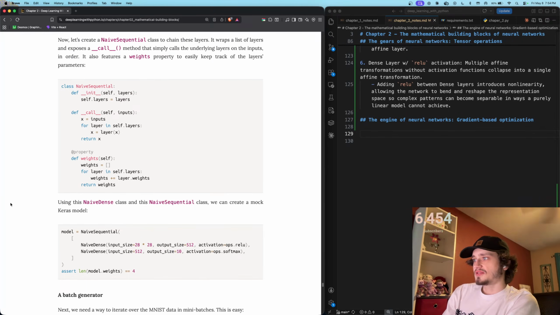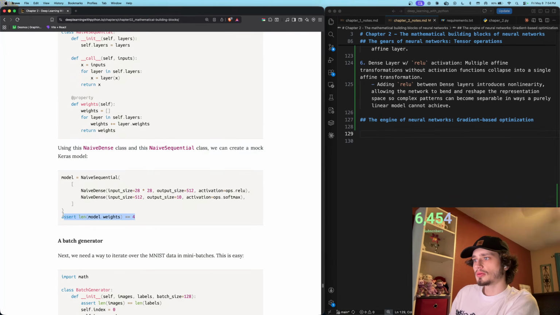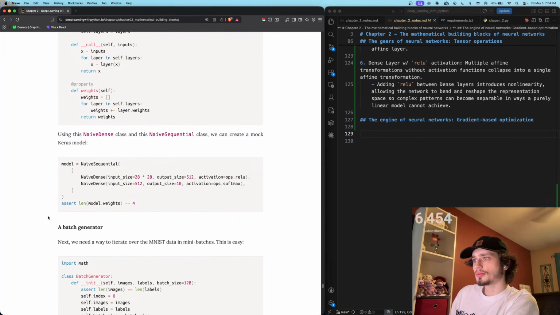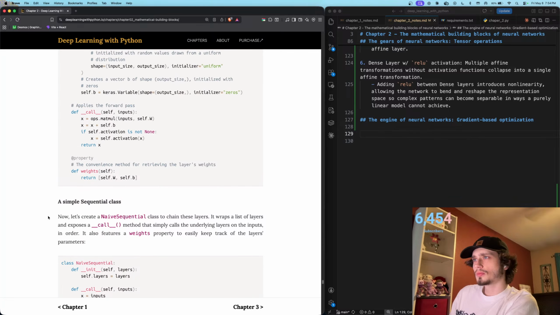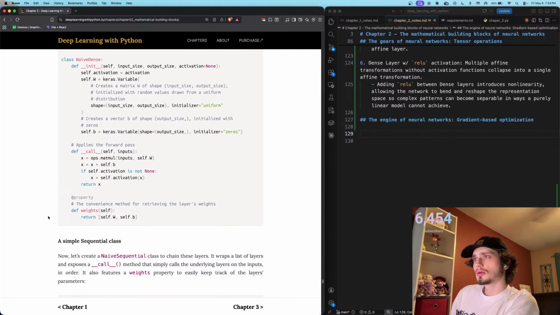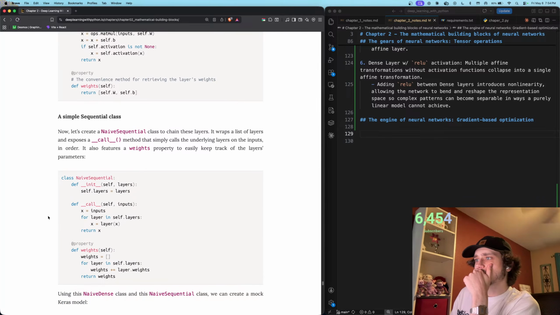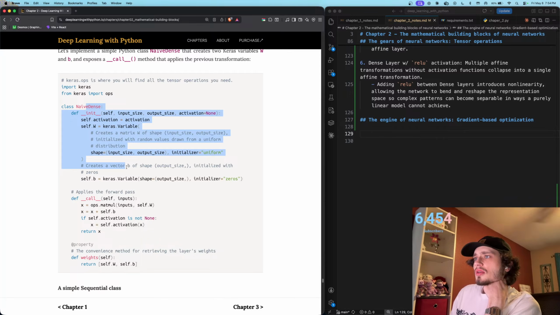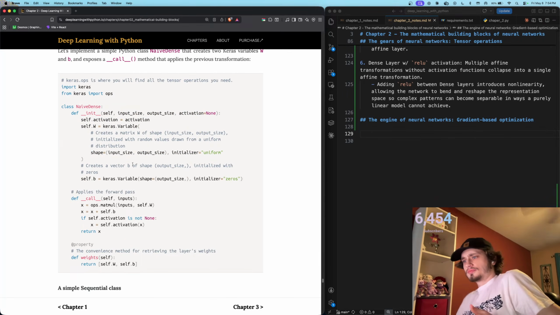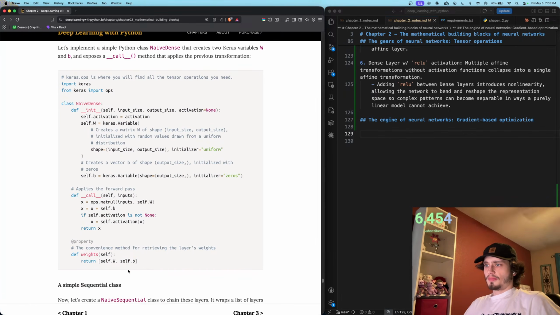Using this NaiveDense class and NaiveSequential class, we can create a mock Keras model. So model equals NaiveSequential, where we put in those two NaiveDense layers. And then we assert that the length of model.weights is equal to 4. Layer.weights is the property, right?